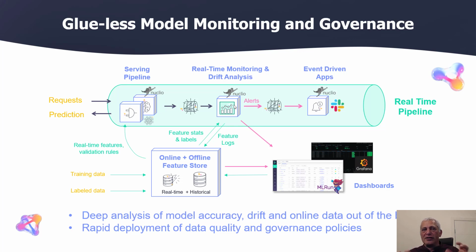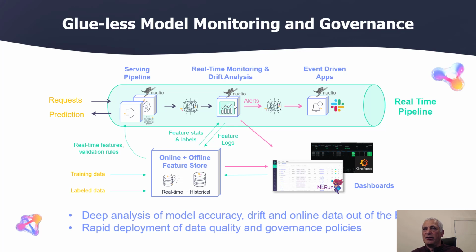And this is analyzing all this data using some statistical analysis and so on. And if it sees some misbehavior, some accuracy problems, it will trigger an alert. And that alert can trigger some other microservice function that will do retraining, or can send an email or alert and so on. All this information is also tracked in different systems. It is tracked in a time series and in other databases.